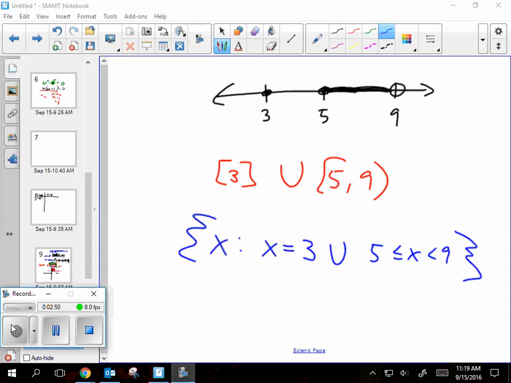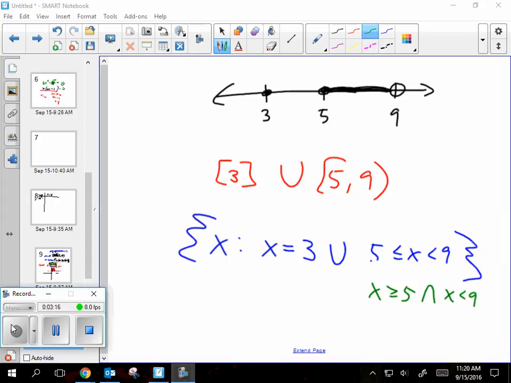Yes. If you wanted to, you could write that this has to be an overlap of x is greater than or equal to 5 intersected with x is less than 9. I'm curious, how many chose option blue?